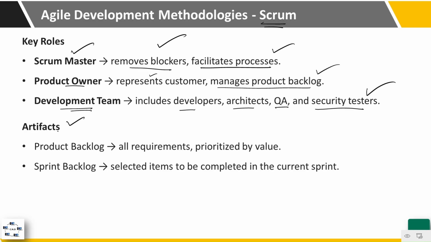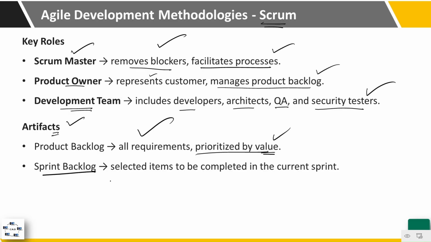We have these artifacts in Scrum. We have the product backlog, which includes all the requirements of the project or the application, and these are prioritized by the value of these requirements to the system.